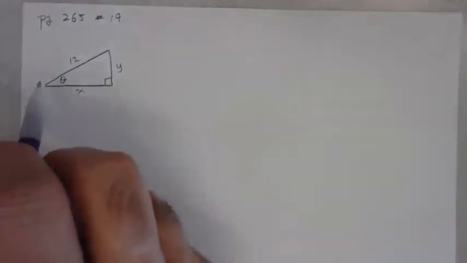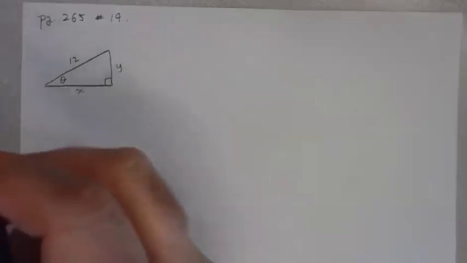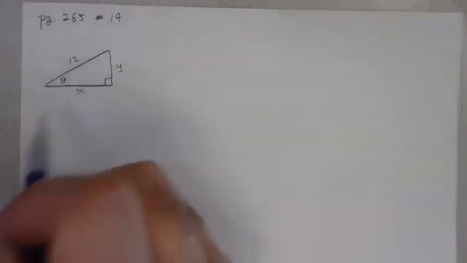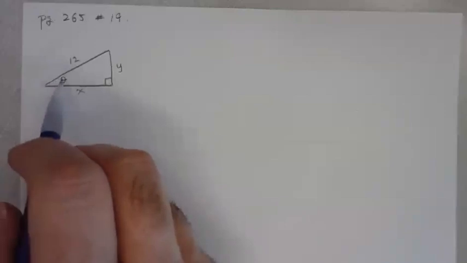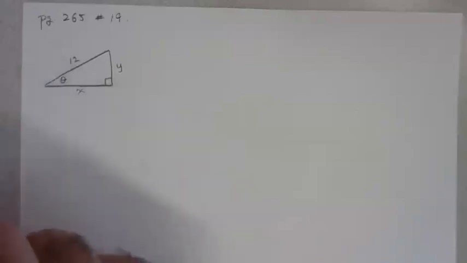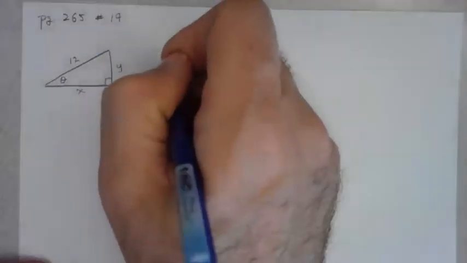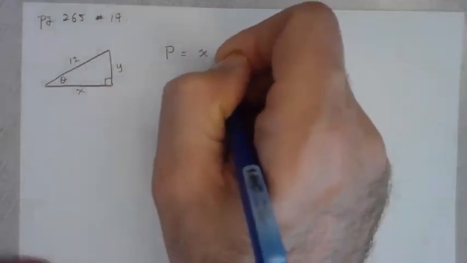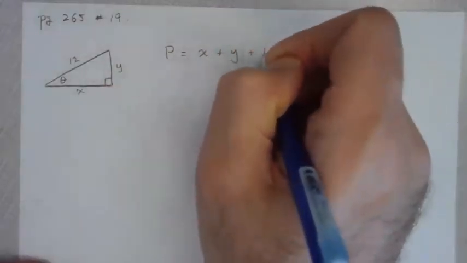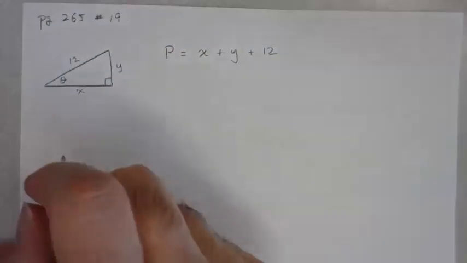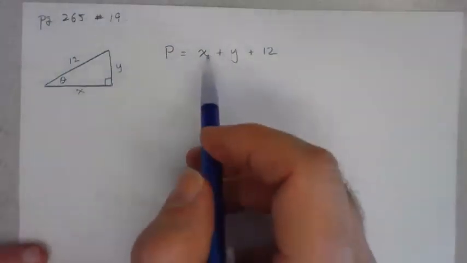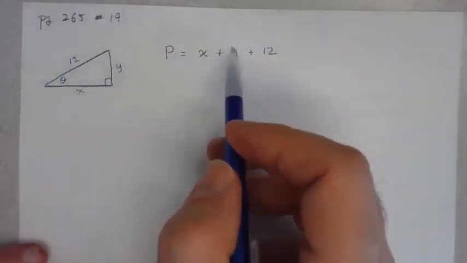So the fact that they're looking for the angle is kind of an indication that you probably want to try to write your equation using this one angle. Okay, and if you look at what we're trying to maximize, the perimeter is just x plus y plus 12.